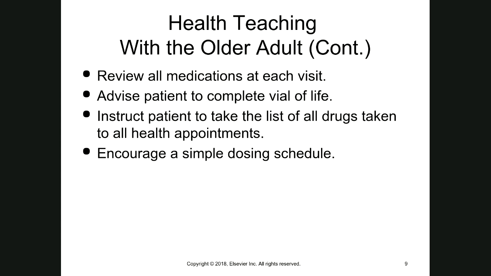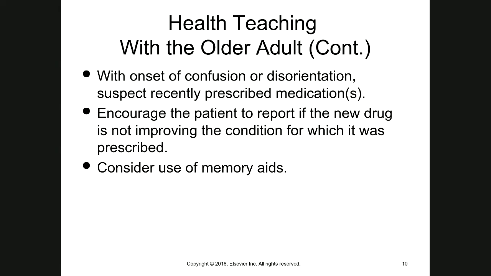Now, here you just go over the confusion. Patients are encouraged to report if there is any new drug that is not improving the condition. Like I said, one size doesn't fit all. And always, like I said with the whiteboard, use memory aids.